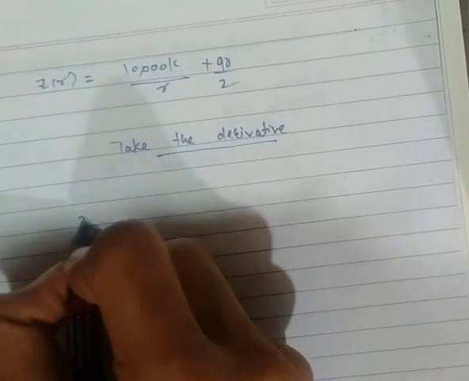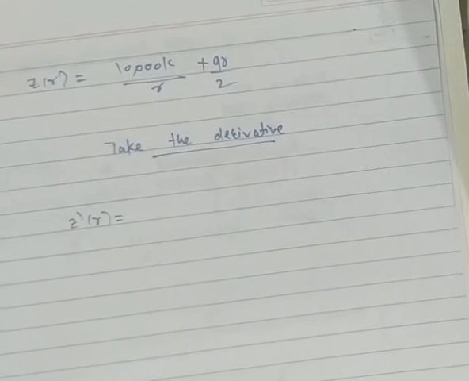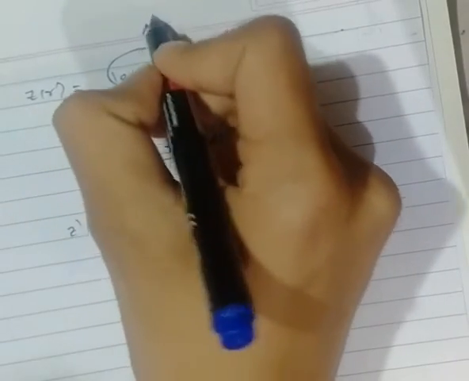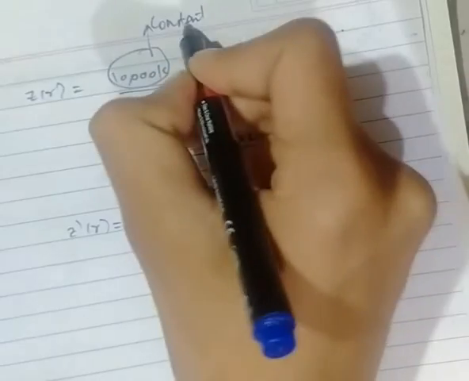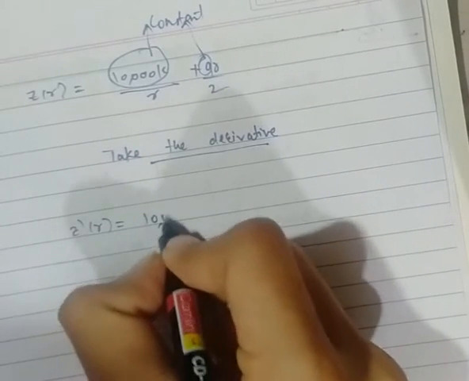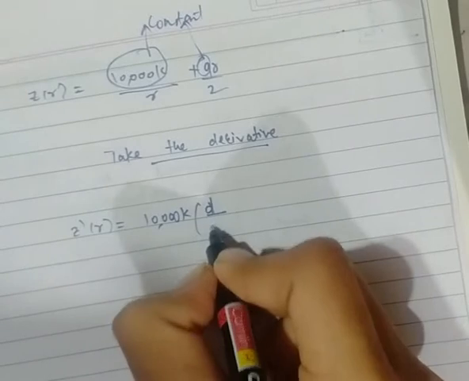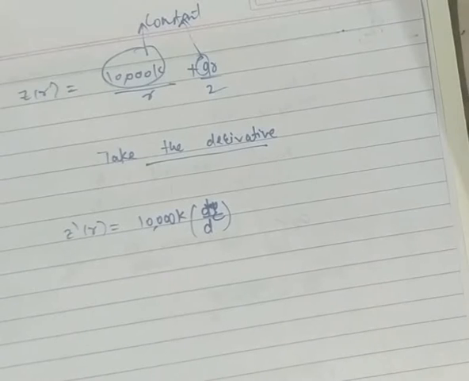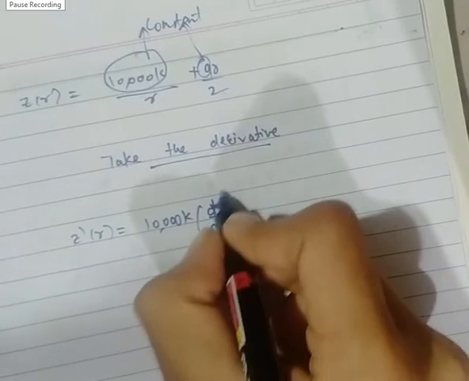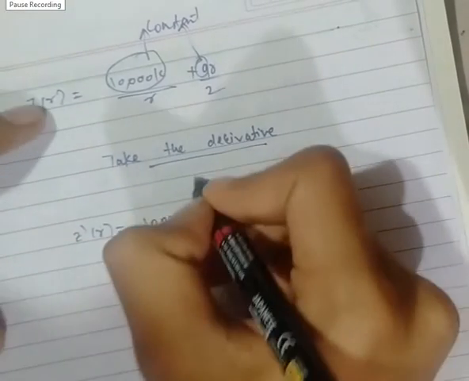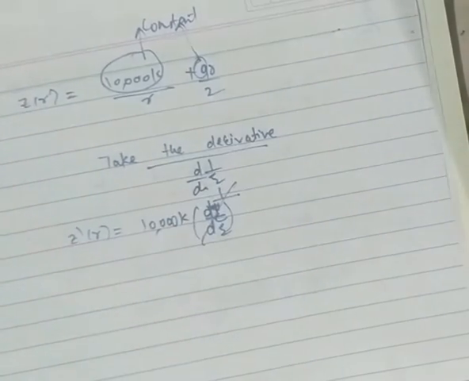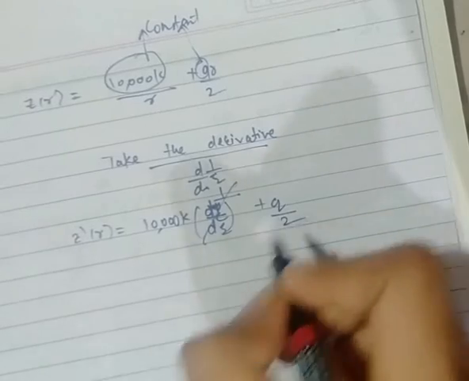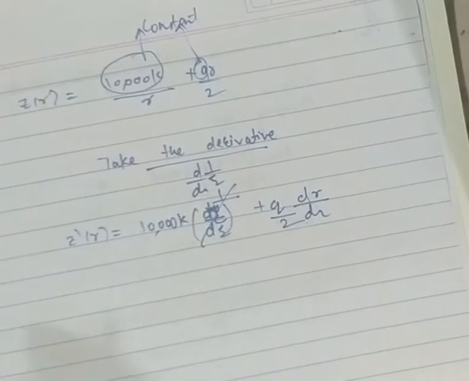So we'll write z prime of r is equal to, this is just a constant term, 10,000 k into the derivative of 1 by r with respect to r, plus constant q by 2 will come out, and then we just take the derivative of r with respect to r.